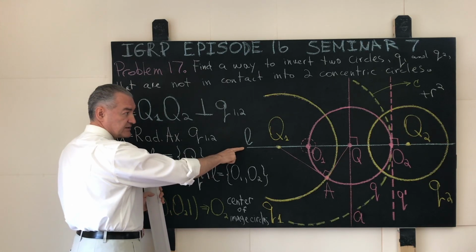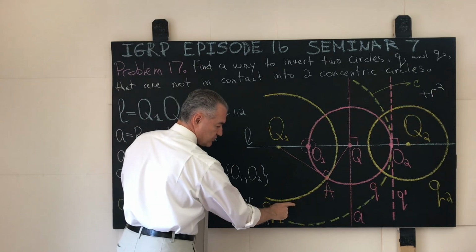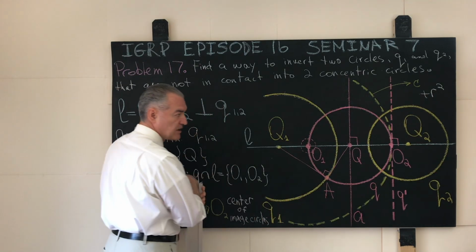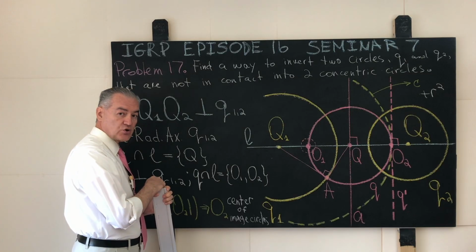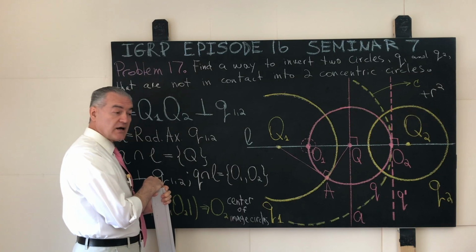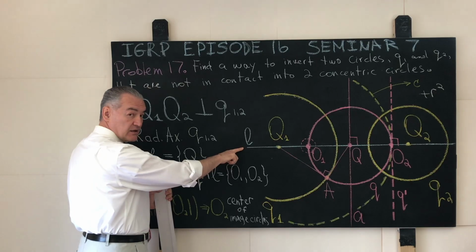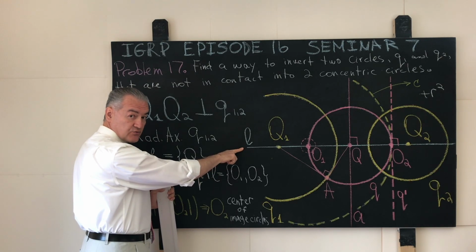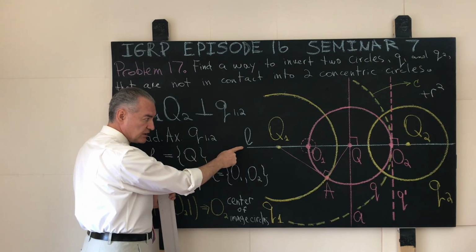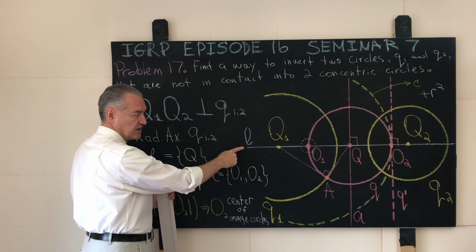The straight line L is taken into itself, and the circles Q1 and Q2 must be taken into genuine circles which are orthogonal to the straight line L, which means the centers of the image circles must also be somewhere on the straight line L.